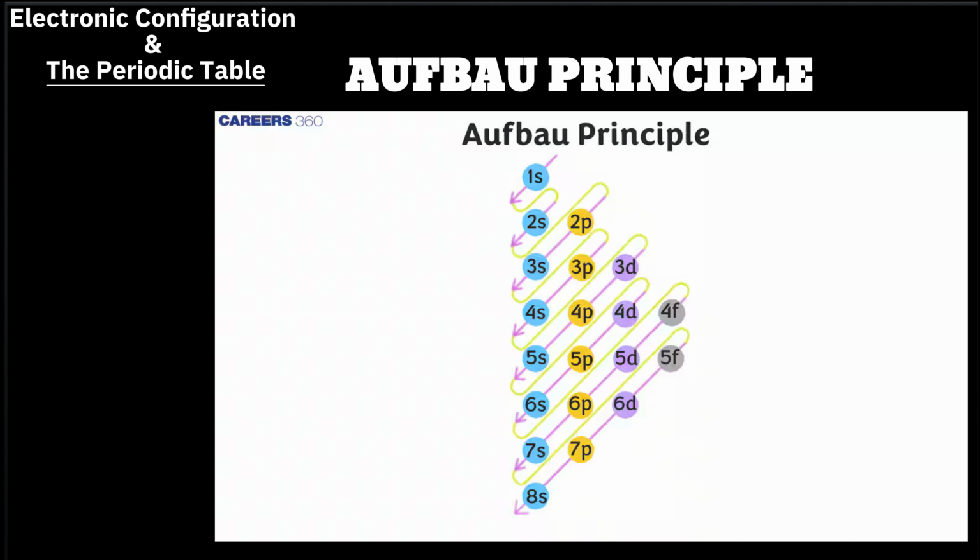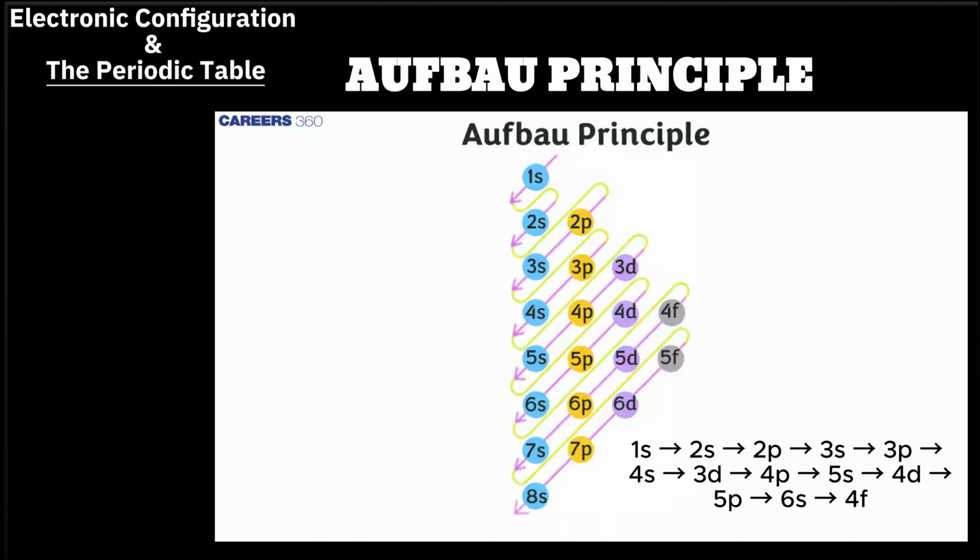So by the time you see that, you cross an arrow from up diagonally, you strike it down, arrow pointing down. So you have 1s, 2s, 2p, 3s, 3p, 4s, 3d, 4p.